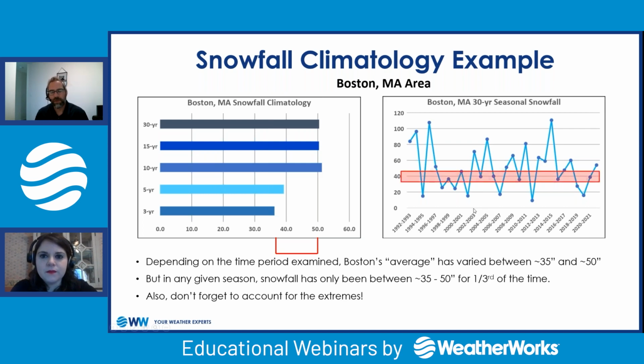And I think it's important to realize that we highlighted an area here, which is around Boston's average. I think we have about 35 to 50 inches in this little box here. And notice there's not many times over the last 30 years that they actually fall within that average. It's only about a third of the time.